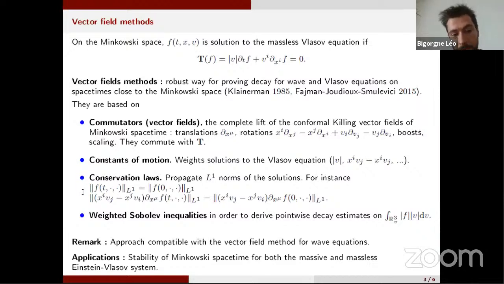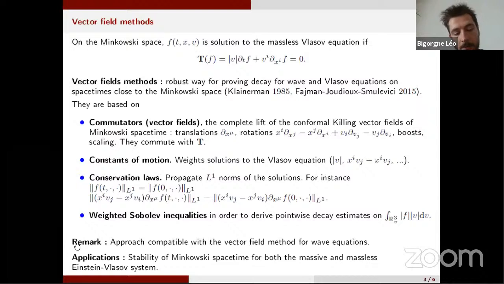In order to obtain a uniform bound on the solution, we can use the fact that the L1 norm of the solution is preserved in time, and we can use the good properties of the constants of motion and the commutators in order to propagate weighted L1 norms of the solution and its derivatives. And using that together with weighted Sobolev inequalities, which are often called Klainerman-Sobolev inequalities, we can obtain pointwise decay estimates for the solution.